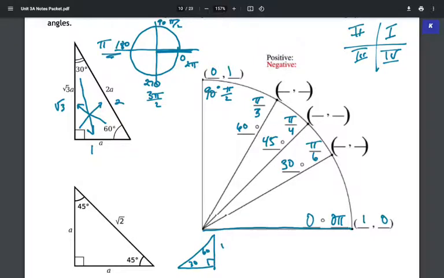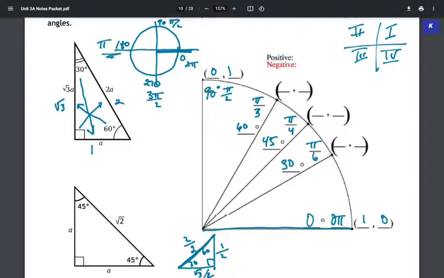This side over here is 1 because it's across from 30. This is square root of 3, and this is 2. Now, we're on the unit circle, which means our radius, that would be the hypotenuse of these right triangles, is always 1. So if I want to make that radius 1, I need to divide everything by 2. So that would become 2 over 2, this would become 1/2, and this would become the square root of 3 over 2.